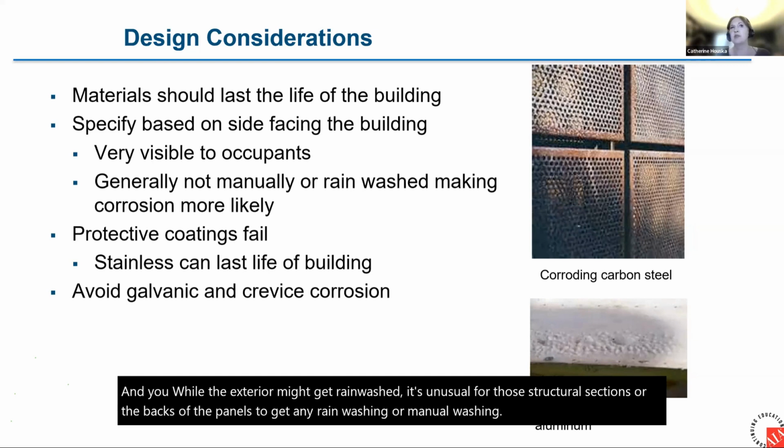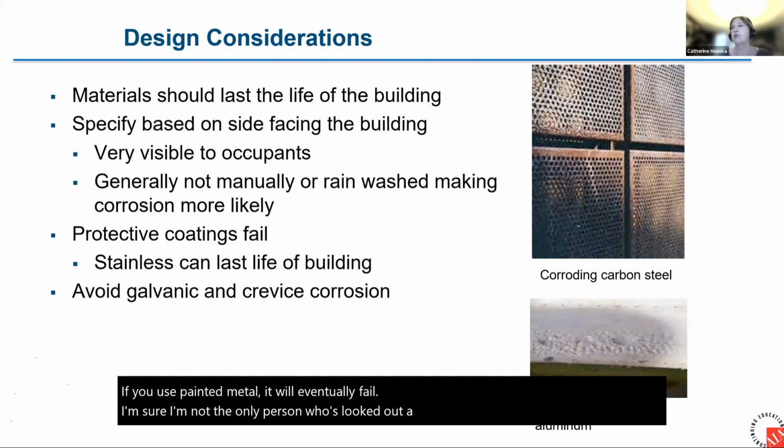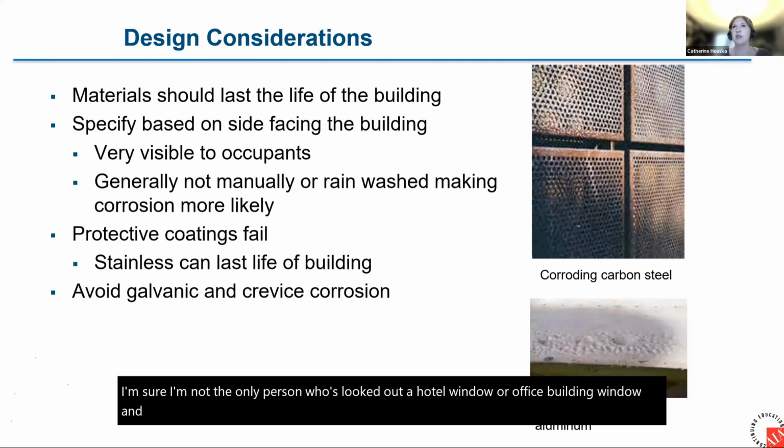If you use painted metal, it will eventually fail. I'm sure I'm not the only person who's looked out a hotel window or office building window and seen sunshades that are corroding like this.